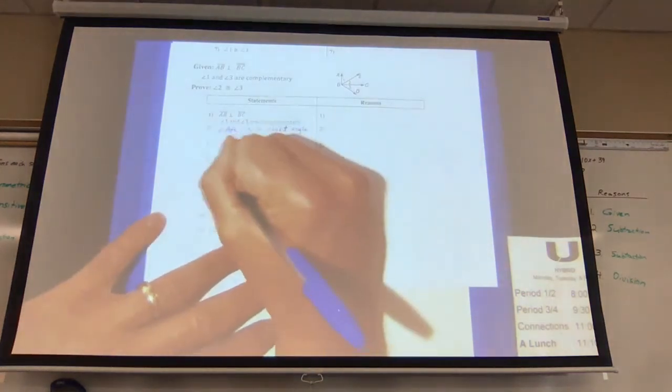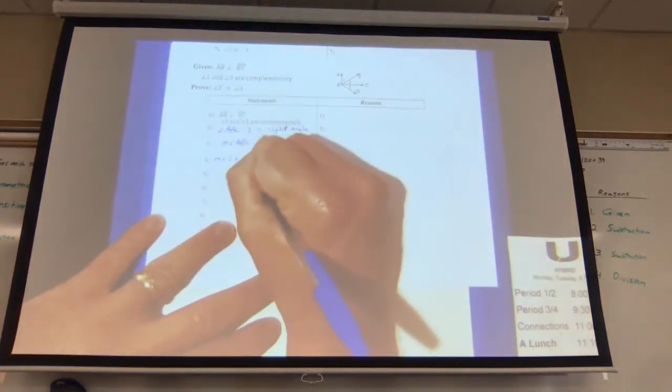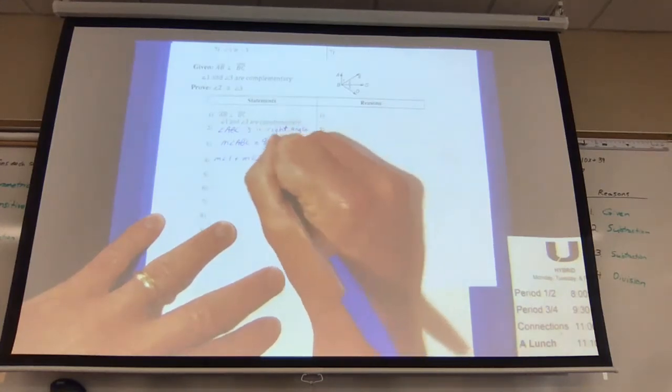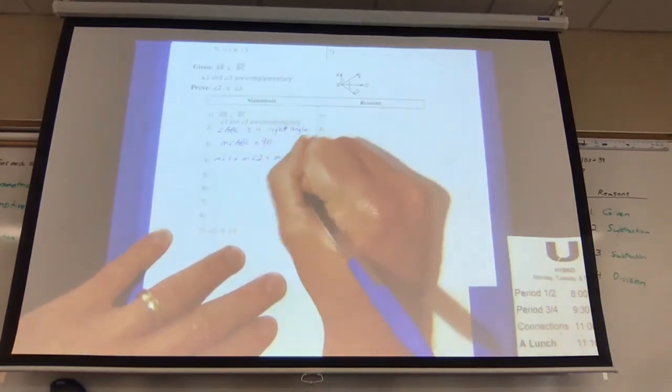And then in step 4, the measure of angle 1 plus the measure of angle 2 equals the measure of angle ABC.